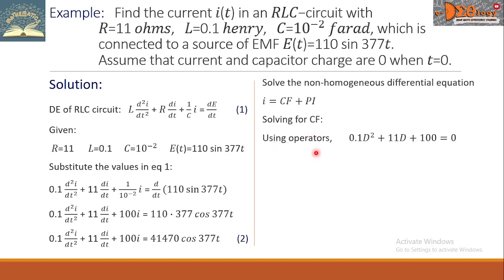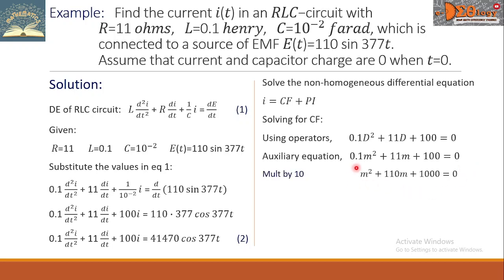Let's start now by solving for CF. Let us use operators, and we write 0.1 d squared plus 11d plus 100 equals 0. The auxiliary equation is now 0.1 m squared plus 11m plus 100 equals 0.